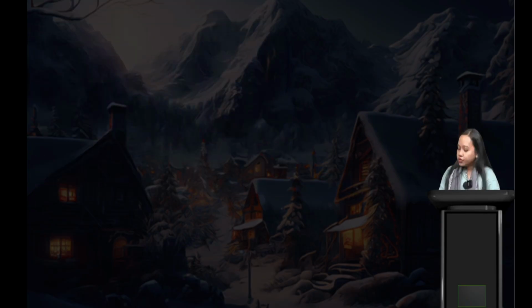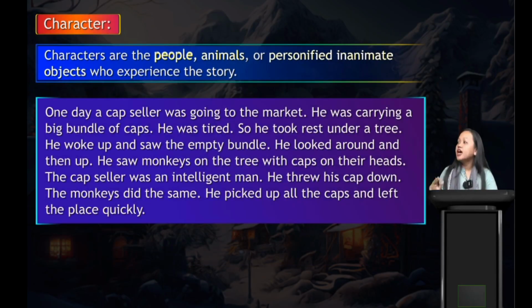Okay, so now next, what can we see on the screen? Now let's give examples from the same story that we read, An Intelligent Cap Seller. So now we will understand what a character is. What are the characters that we have to put in story writing? Let's see what is written about characters.